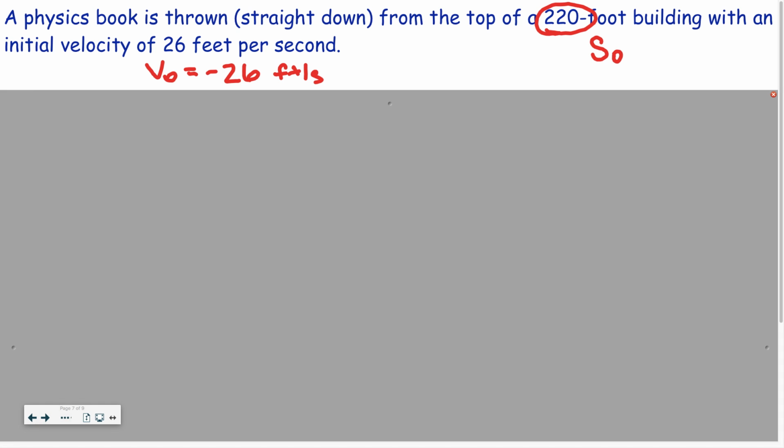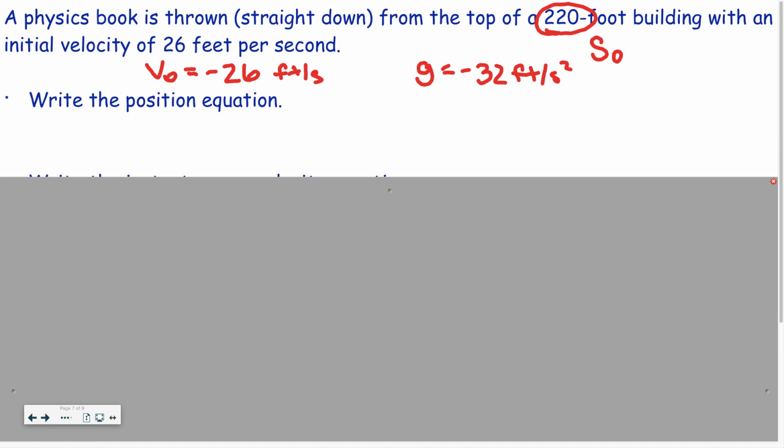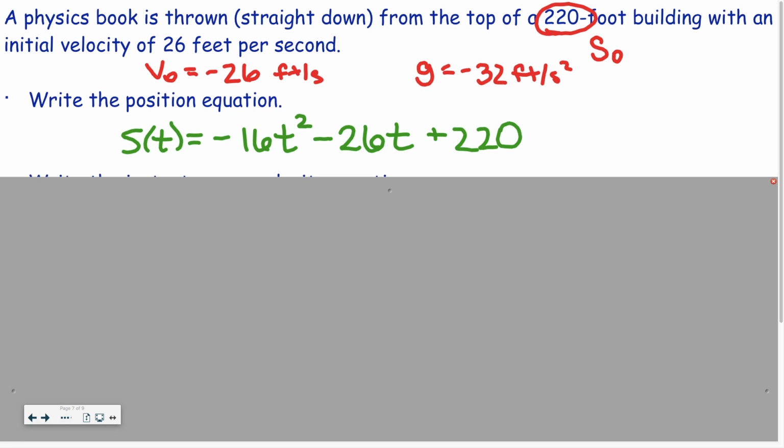Okay. Which means, which gravity are we going to have to use? Okay, so our position equation would be 1/2 times negative 32 t squared plus our velocity times t plus our initial position.